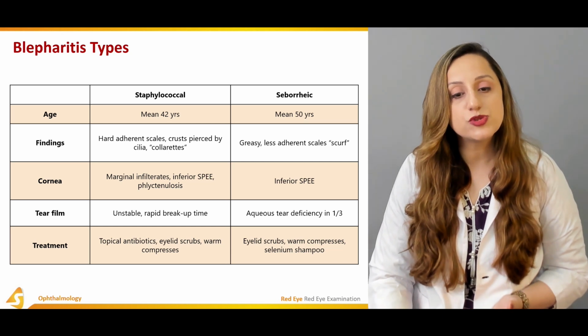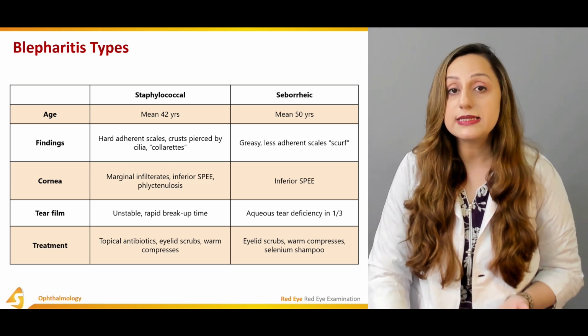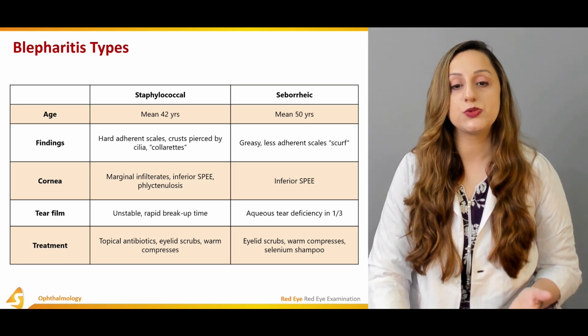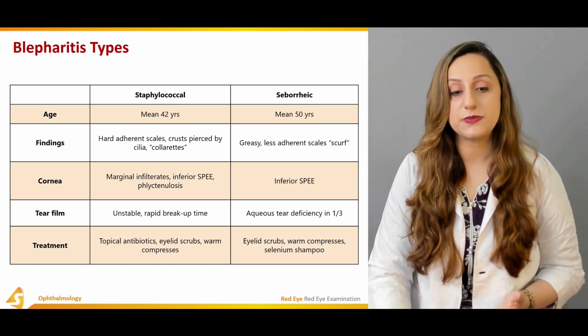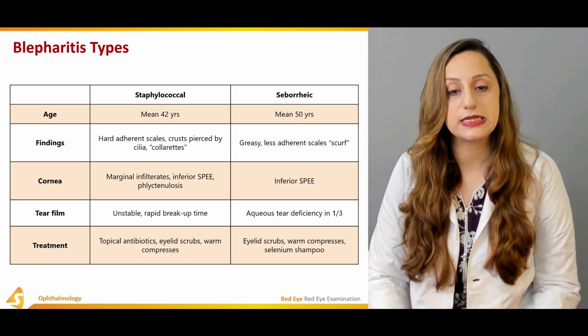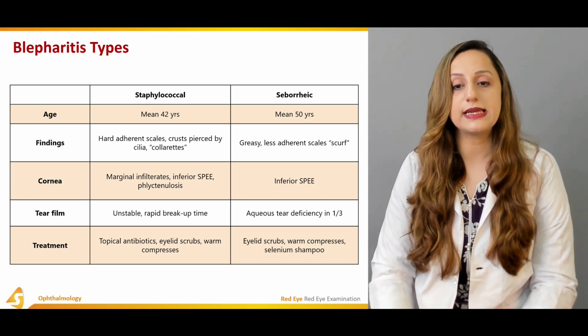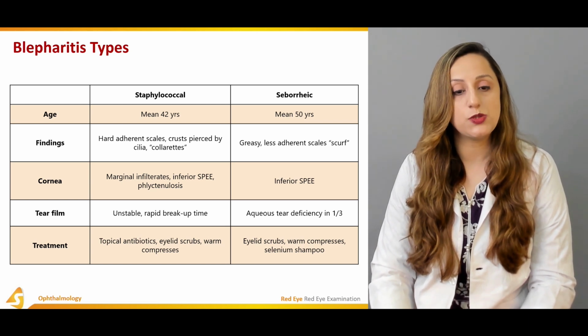The cornea usually shows marginal infiltrates, and phlyctenulosis is basically associated with staphylococcal infections. In seborrheic infections, we have inferior SPEs noted down. The tear film is unstable and rapid break-up time is associated with staphylococcal infections. In cases of seborrheic infections, we have aqueous tear deficiency in one third.